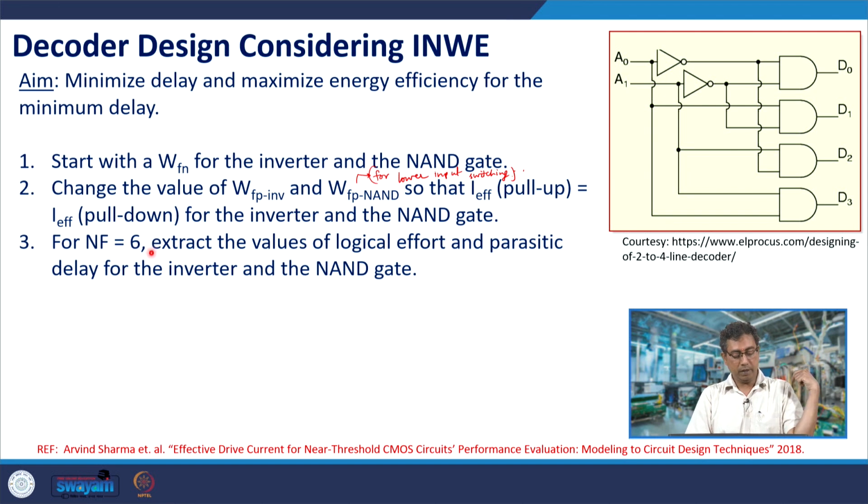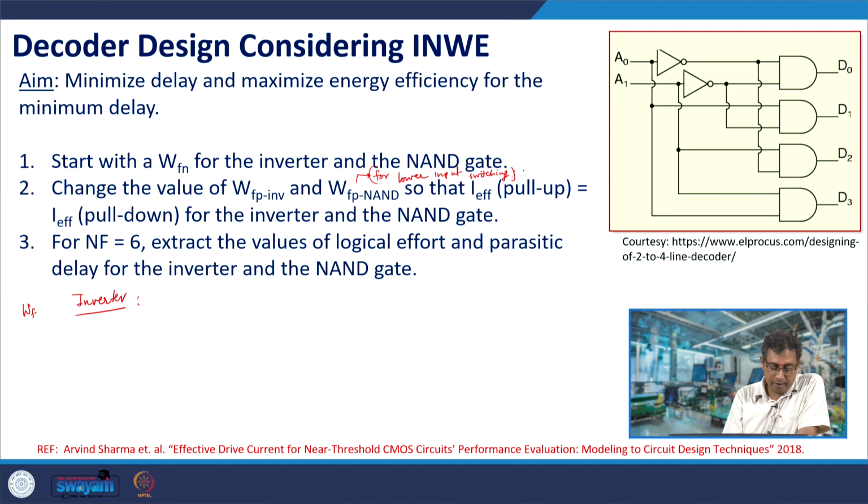With this number of fingers, we extract the values of logical effort and parasitic delay for the inverter and the NAND gate. Let us look at the logical effort and parasitic delay in terms of effective current. For the inverter, with WFN the NMOS finger width and the corresponding WFP the PMOS finger width, what is the delay?